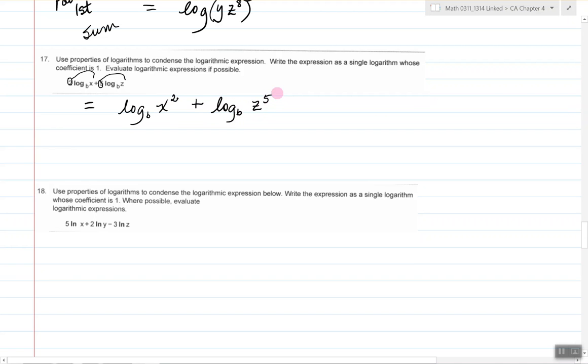So my first step just pulled those coefficients into their roles as exponents. Now it is the sum of these two logarithms. They do, by the way, have to have the same base. We're going to have log base b of, when it's a sum, turns into a product, x squared times z to the 5th.